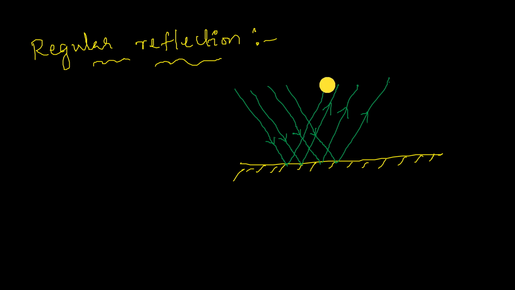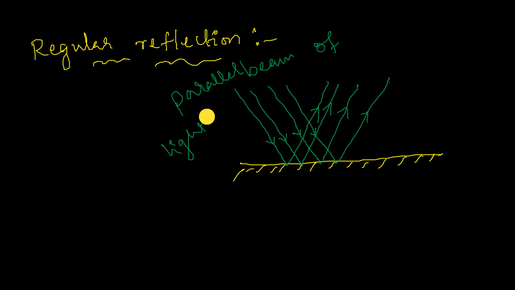This is a parallel beam of light rays, whereas these are the reflected light rays, also parallel to each other.